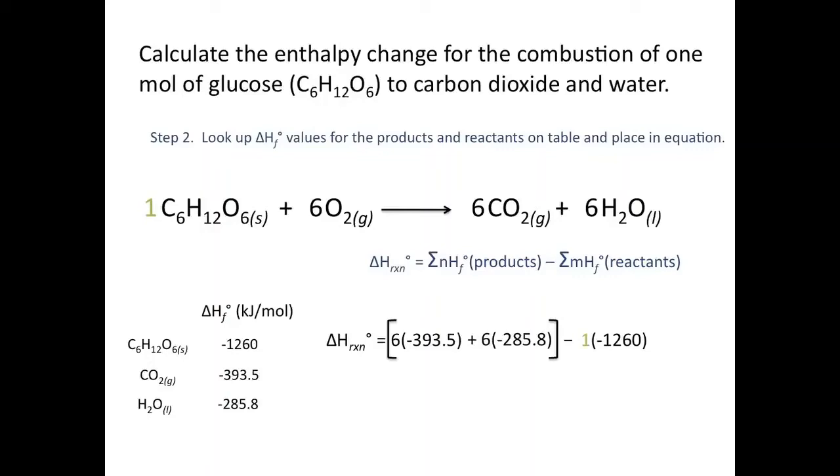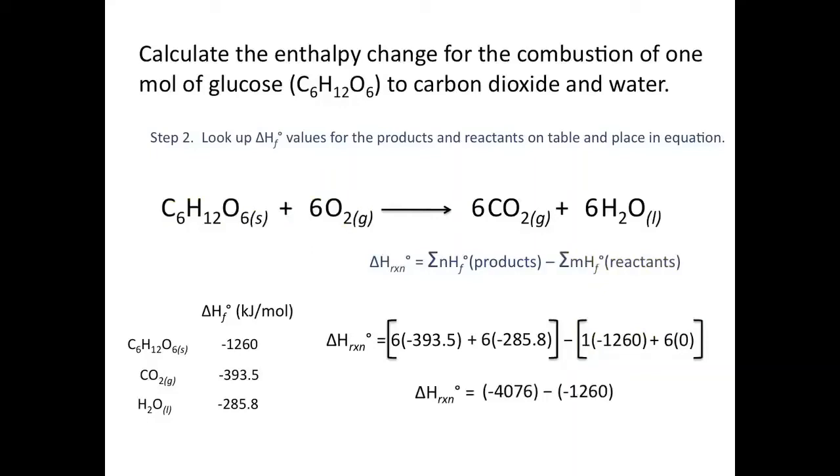I have 1 glucose, so I take 1 multiplied by negative 1260 kilojoules per mole. And then remember, I stated that the value of oxygen, because it's an element in its standard state, is 0. These are the enthalpy of formation values for the reactants multiplied by their respective coefficients.